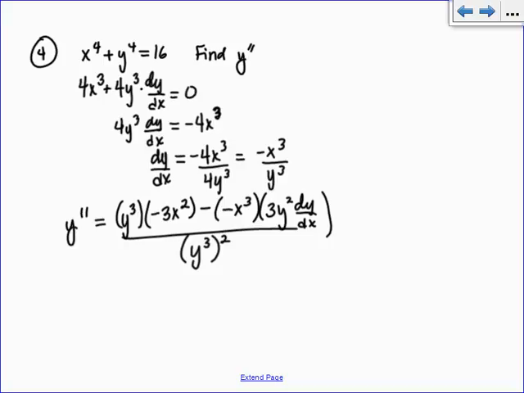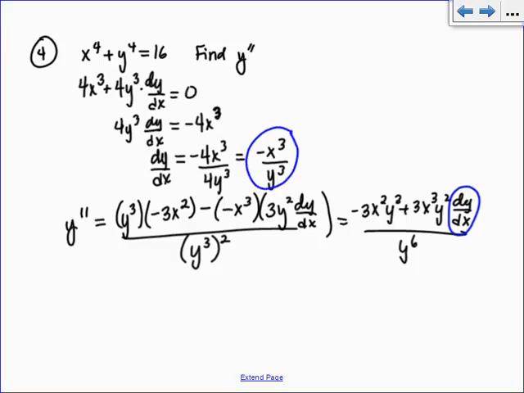And we simplify a bit. So we have negative 3x squared y cubed, and then plus 3x cubed y squared dy over dx, all over y to the 6th. Okay? But we do not leave dy over dx in there. We replace it with something. What should we replace dy over dx with?